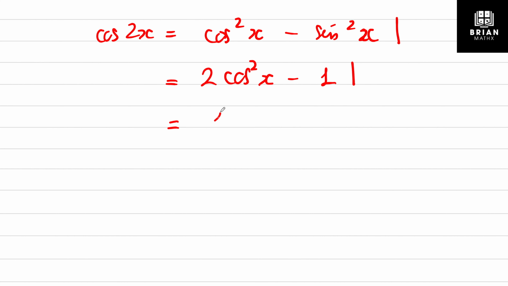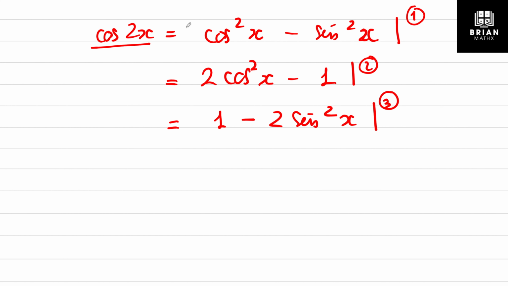Another form is 1 minus 2 sine square x, and this one is only in terms of sine square. Form 1 is in terms of cos and sine. Form 2 is in terms of cos. And form 3 is in terms of sine. That is the 3 difficult formulas about cos 2x.